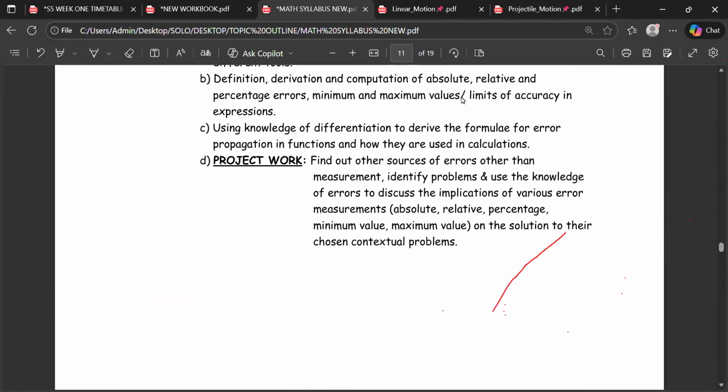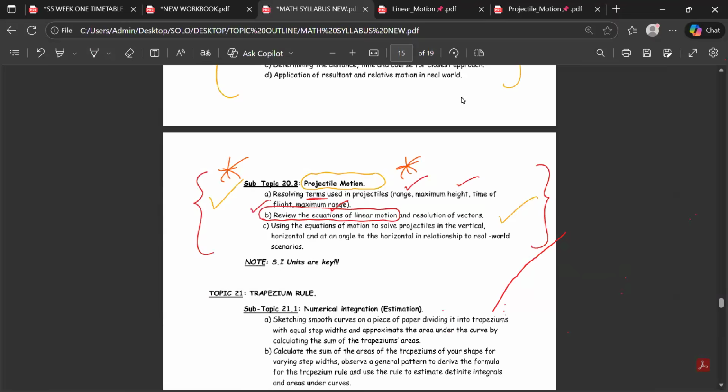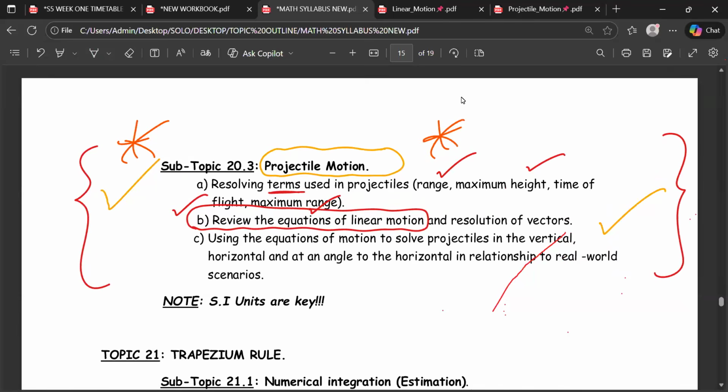This is what we are going to do. So, you're going to bear with me. Have it in mind, you cannot understand projectile motion unless you know linear motion. Let me repeat. You cannot understand projectile motion unless you know linear motion.